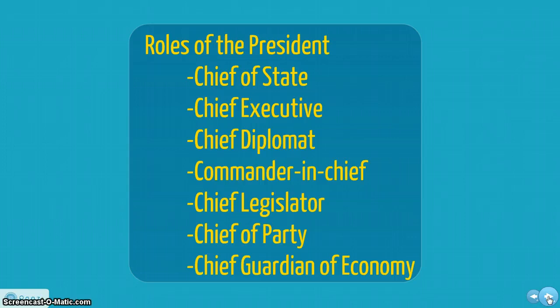The chief guardian of the economy, he or she makes sure that they write out the plans of the free market economy, that things are running smoothly, that they can handle the unemployment levels. And all these roles are what a president takes on for his 4 to 8 years in office.